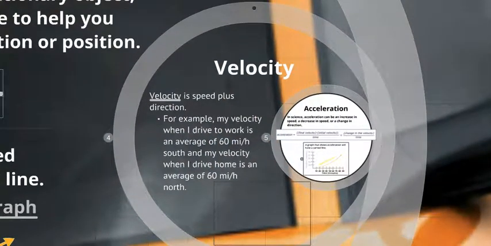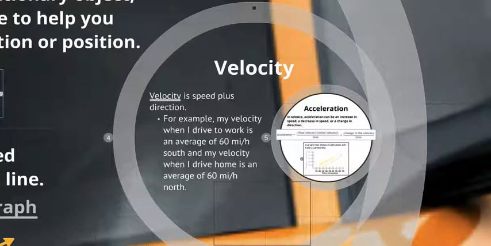Velocity is a term that you guys should become familiar with, or just remember, because it was a term that a lot of you guys missed on science assessment number 1, and so it may show up again on science assessment 2. But velocity is simply speed, which is distance over time, with a direction in place.